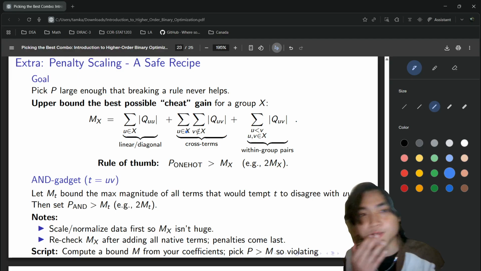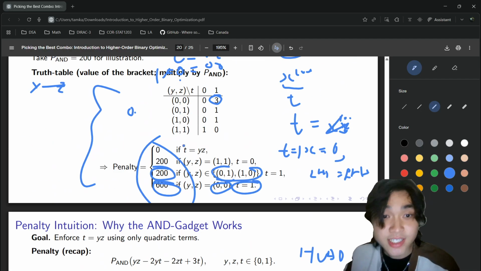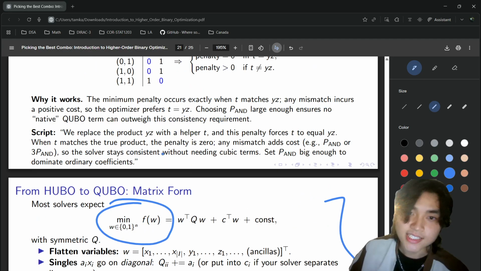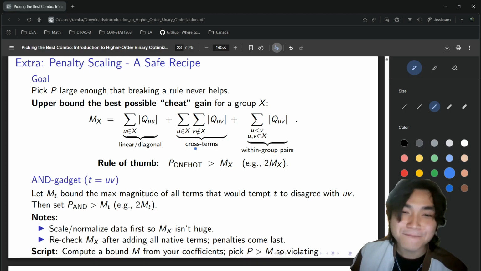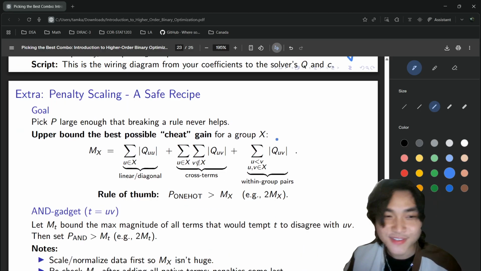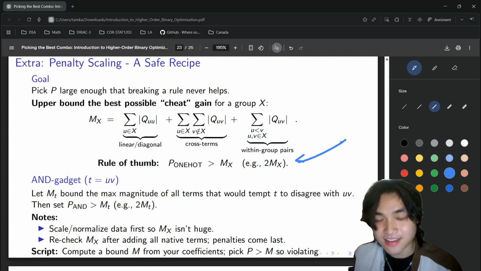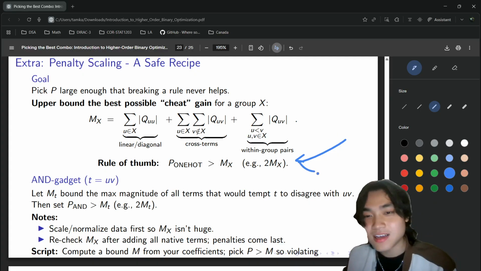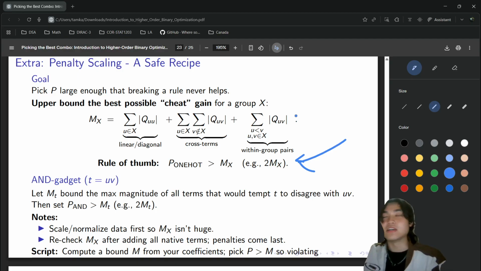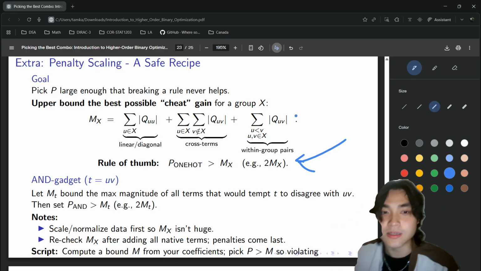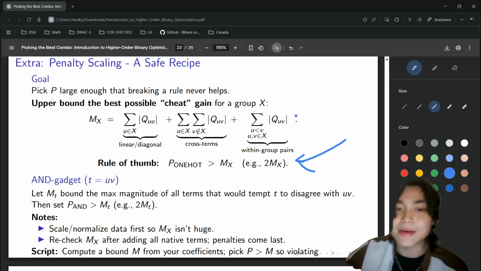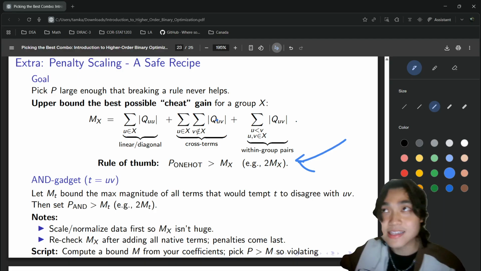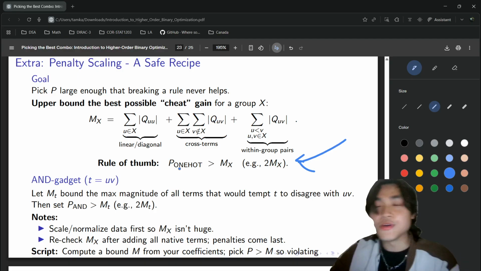Now the question is, how do we choose the penalty? Like the one that I mentioned here, 200, 200, 600. How do we actually choose it? Honestly speaking, again, I say it's subjective, but the rule of thumb is based on the maximum value that we have from the objective function, just times 2 for the penalty.